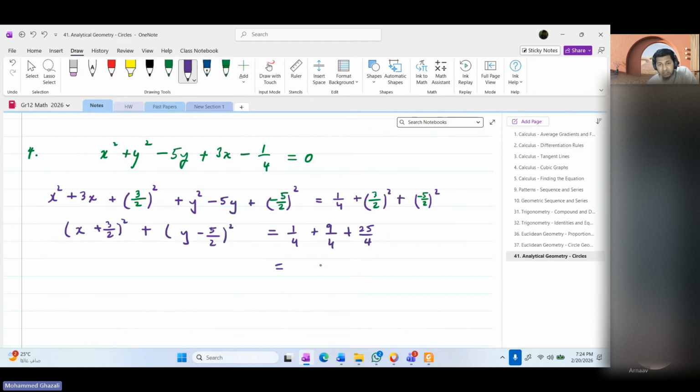So I think you will get 35 over 4. 36 over 4 would have been nice because then it would have worked out to a perfect square. Anyways, it's fine. So now from here, we can get the center.